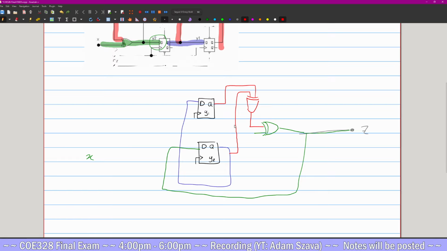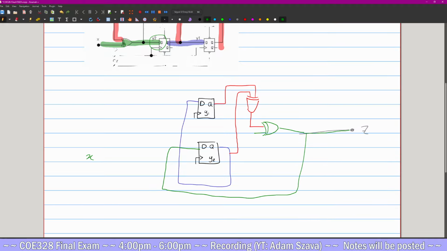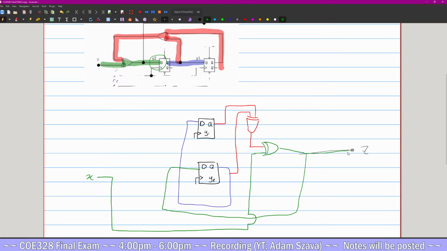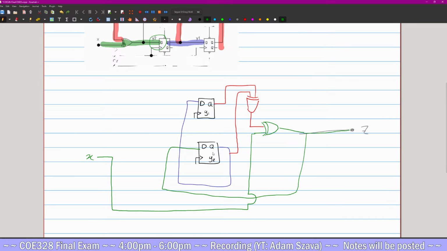Okay, and then the very last thing is I need to connect up this X, and this X can just be connected directly, like that. It's partially output logic, partially next state logic. But generally, the point of everything I just did is that I've broken it into my three segments.